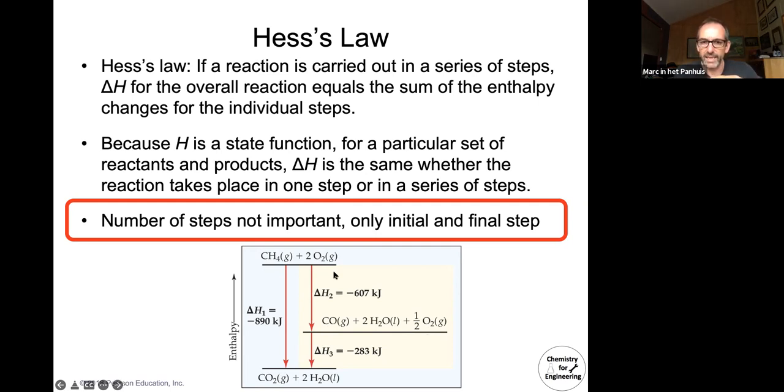So again, it's not really important what happens in between. It's only the initial and the end state. And that's also because H is a state function. A state function means we're just interested in the initial and the final steps.